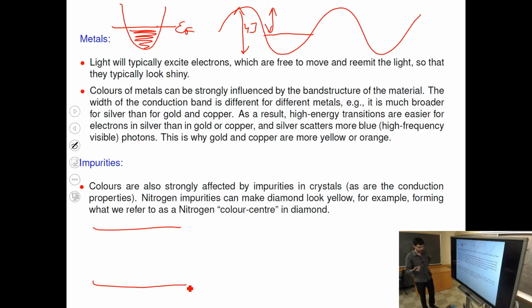But what these impurities are is a substitution of one or a few atoms in diamond with another atom, or maybe a missing atom in a crystal lattice, some kind of an impurity. And what happens then is that there might be an eigenstate due to an impurity inside the gap.